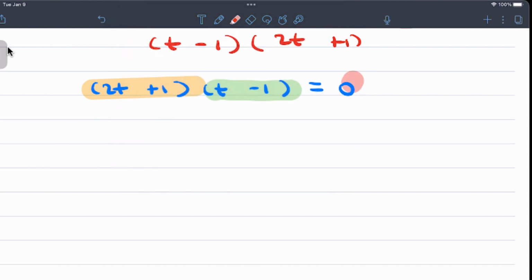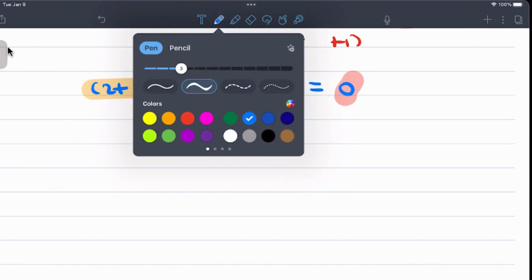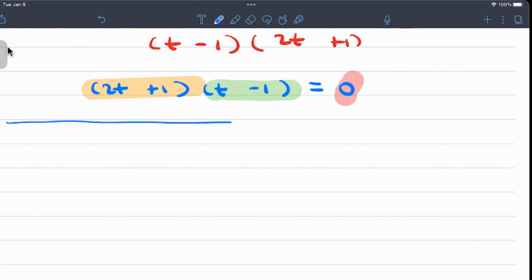What does this equal? We called this something earlier today. What was that known as? Zero product rule. Thank you.